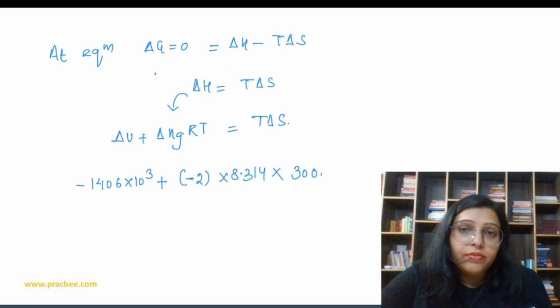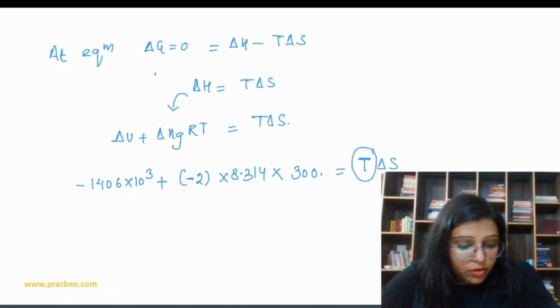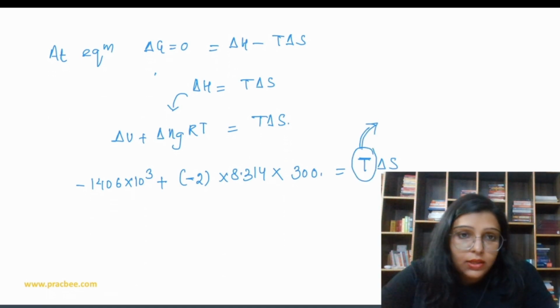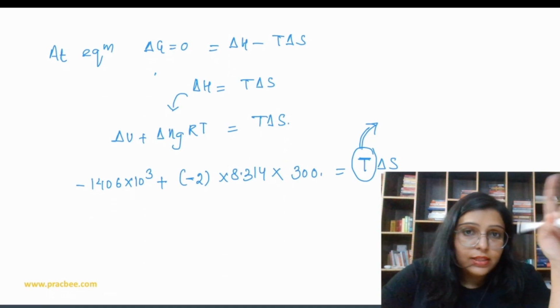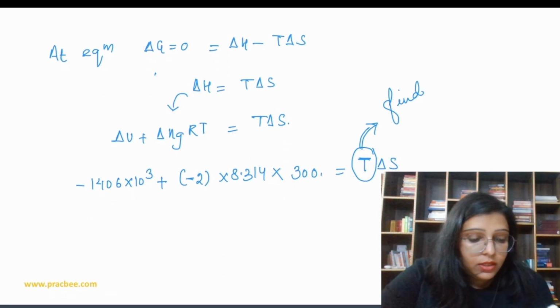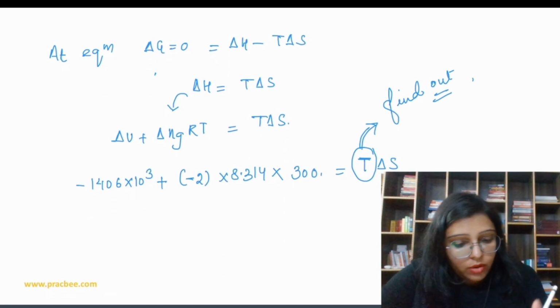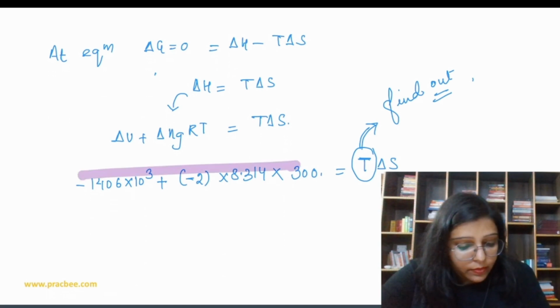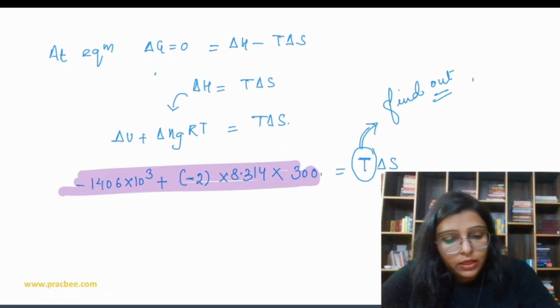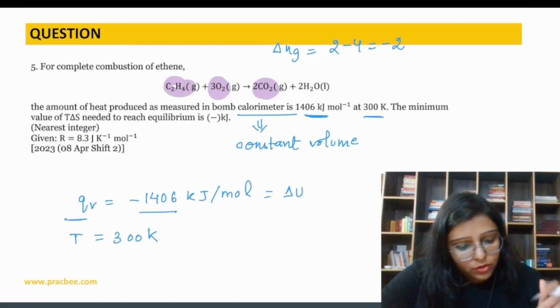So in that way we can find out the enthalpy. If delta H is equal to T delta S, then we can say it is at equilibrium. Just give me a moment.